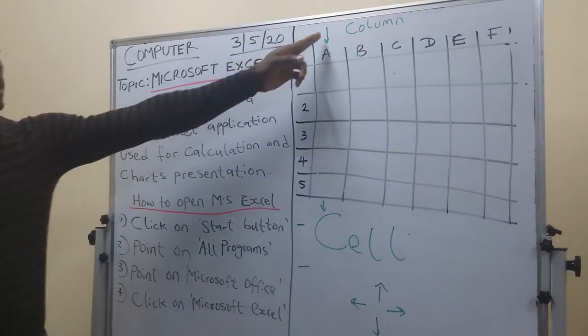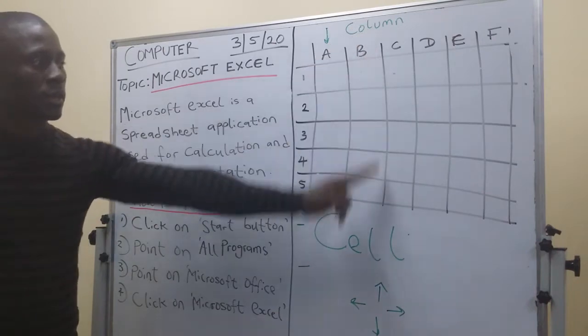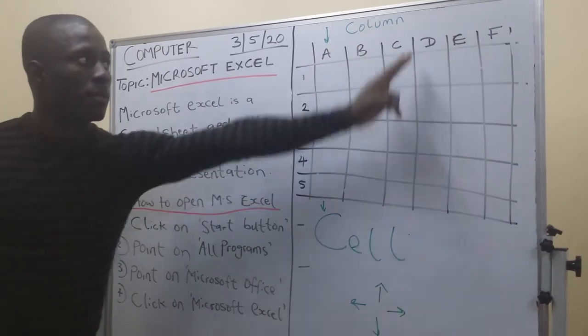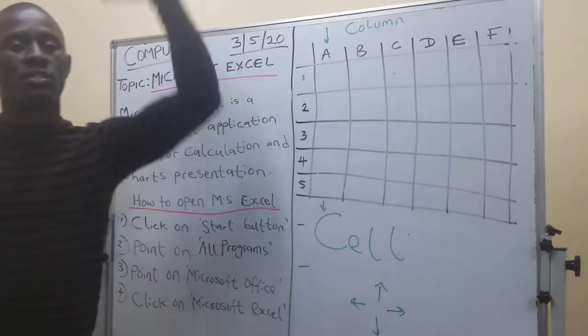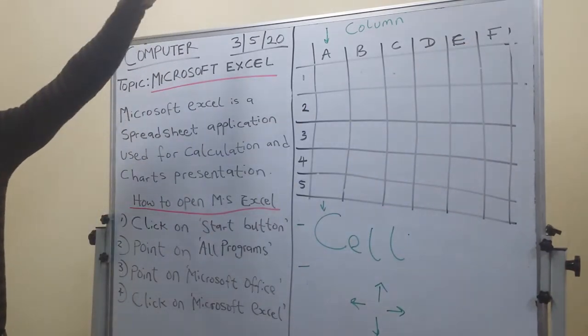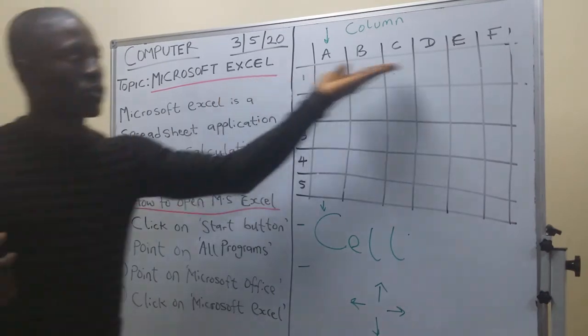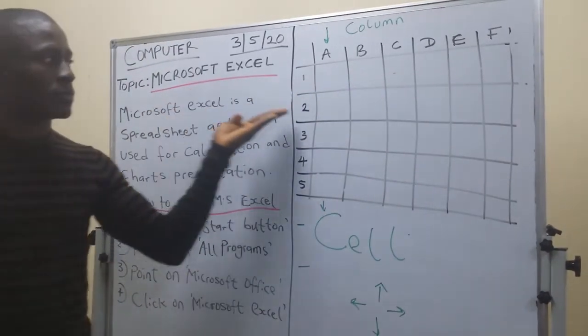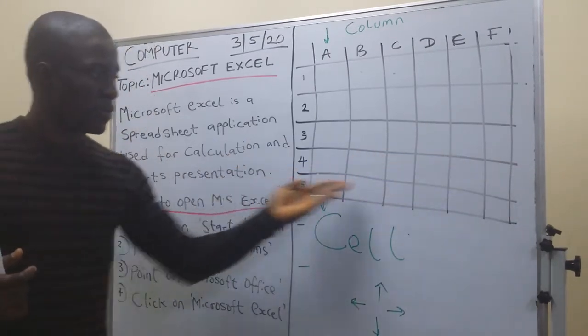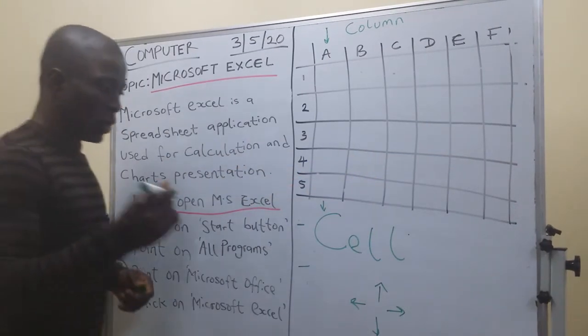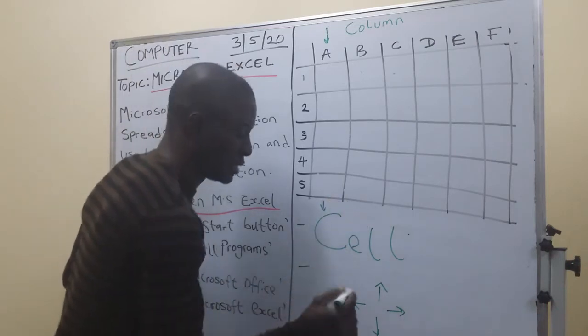I repeat, this way is column: column A, column B, column C, column D, column E, column F, and it goes to infinity. It has no ending. But this way is row: row 1, row 2, row 3, row 4, row 5.